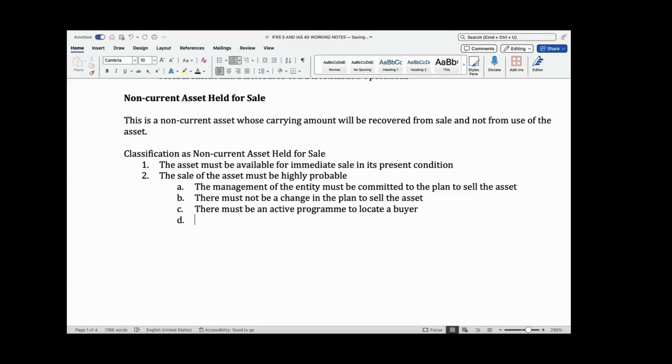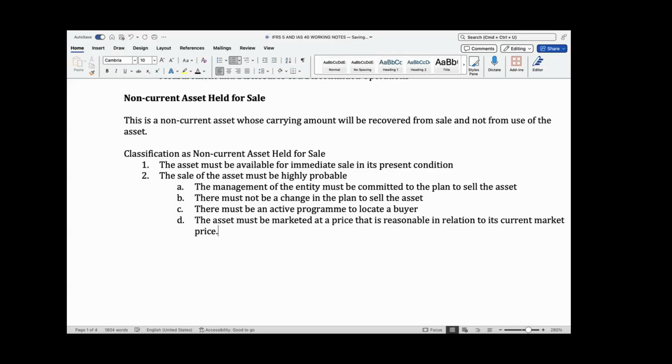And when you are carrying out marketing, the asset must therefore be marketed at a price that is reasonable in relation to its current market price.